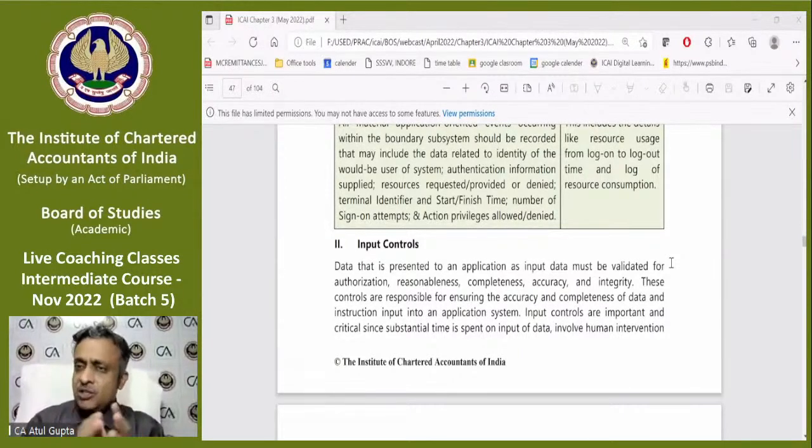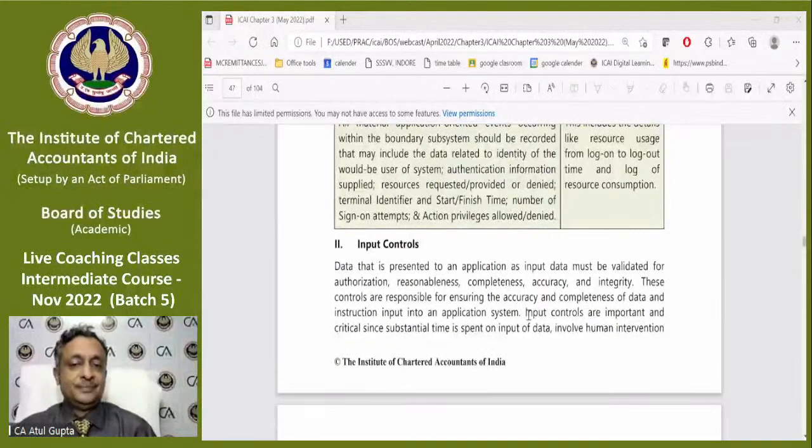So this application control per se is a huge topic. One heading we can discuss for 8 hours non-stop. Boundary control 8 hours, input 8 hours. That intensity it carries. Okay. The core is to ensure authorization, reasonableness, completeness, accuracy, integrity of data. That is input control.